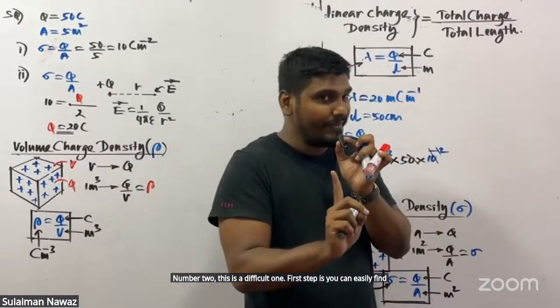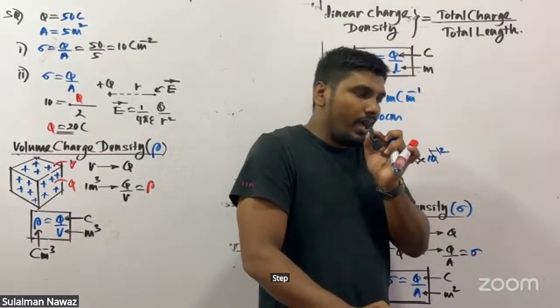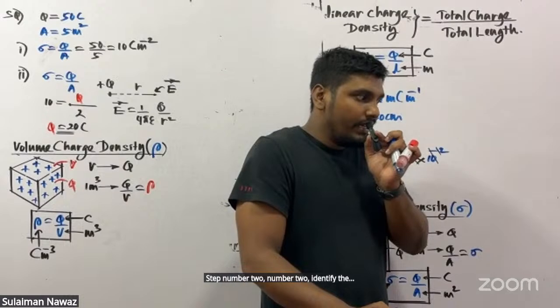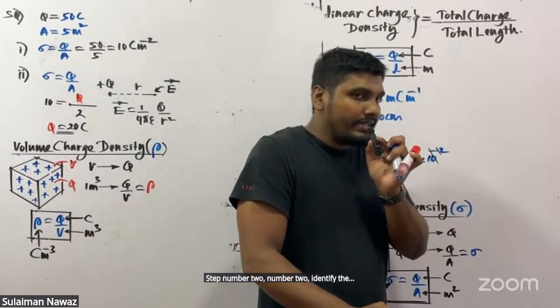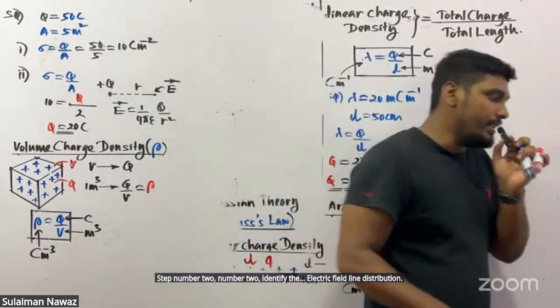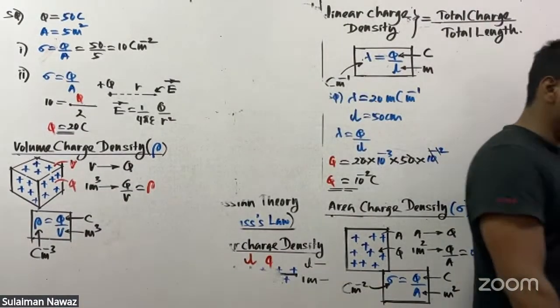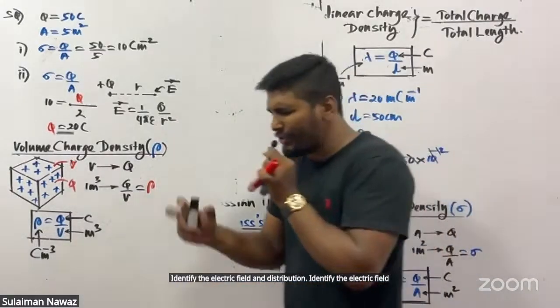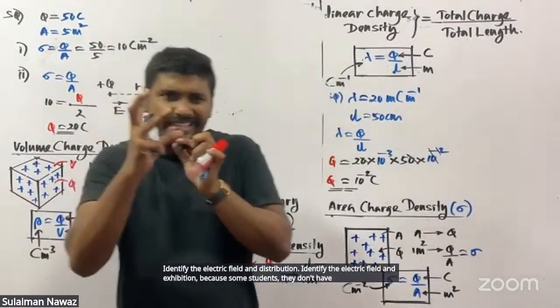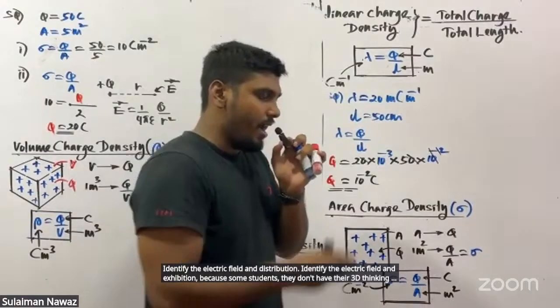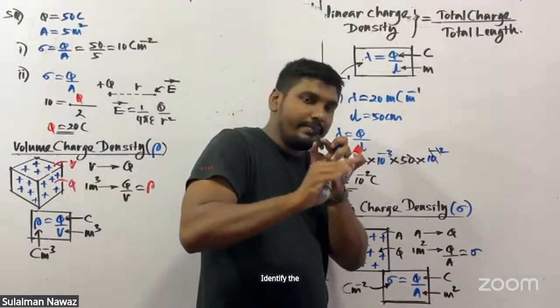The second step is difficult. Identify the electric field line distribution, because some students don't have that 3D thinking power. That's the problem.